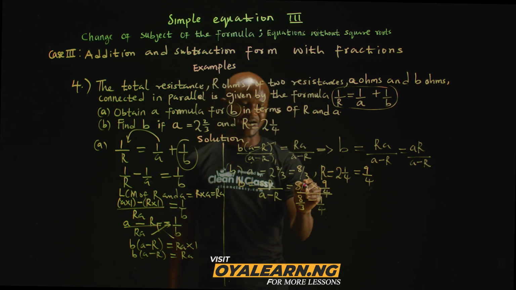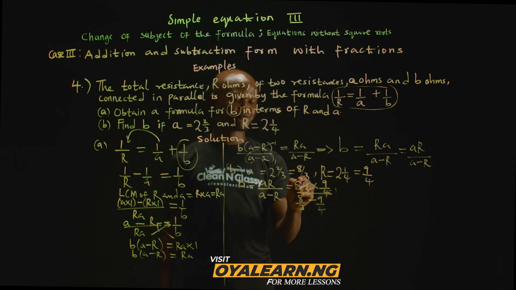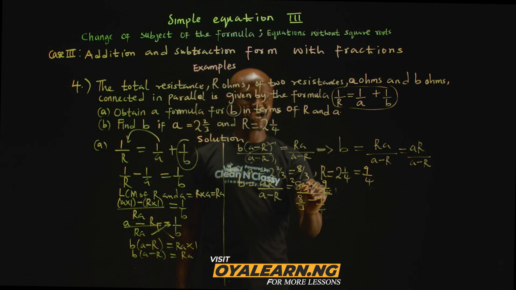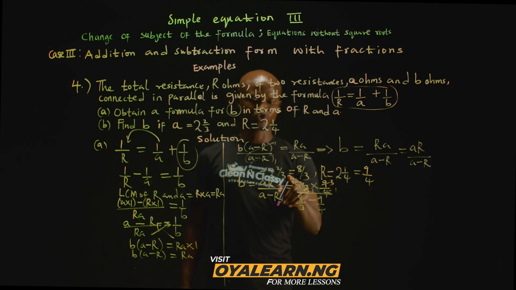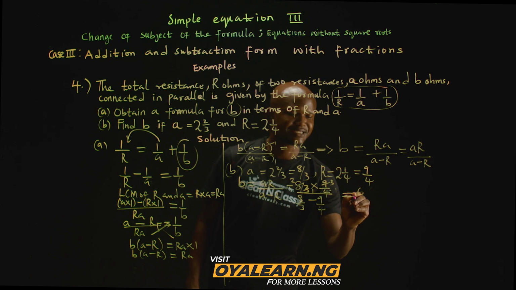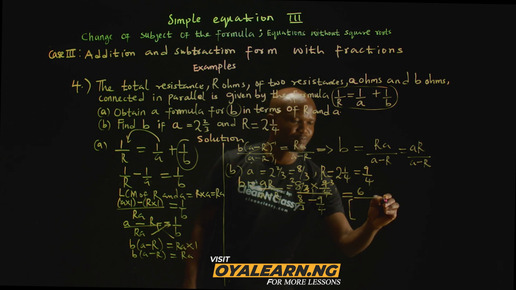Simplifying, 4 in 8 is 2, and 3 in 9 is 3. So 2 times 3 is 6, divided by the denominator, which we need to simplify.